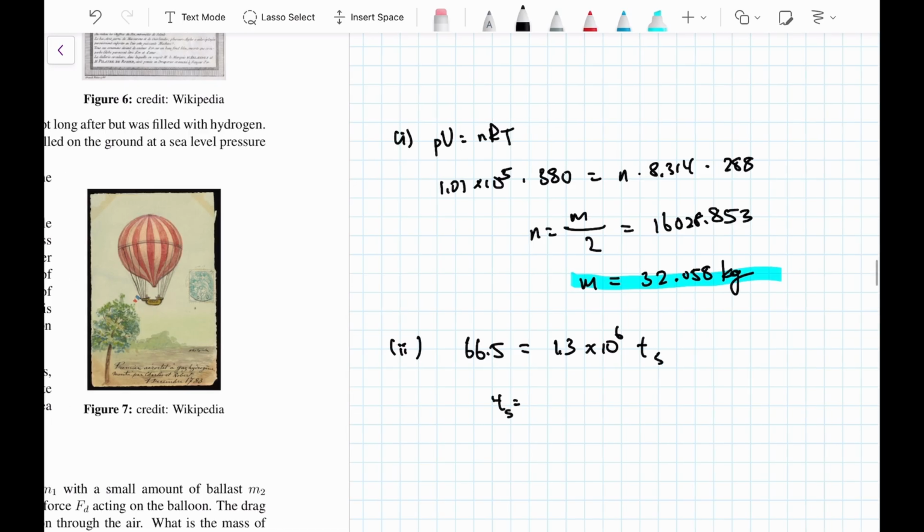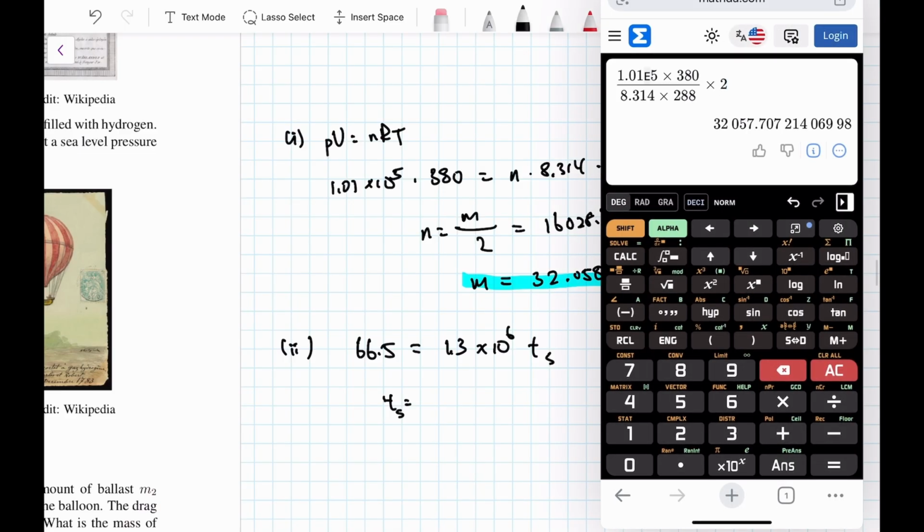So the thickness of the silk should be equal to 66.5 divided by 1.3 and then times 10 to the power of 6.